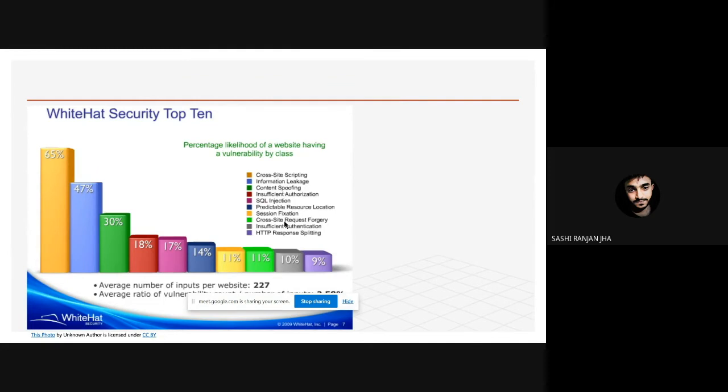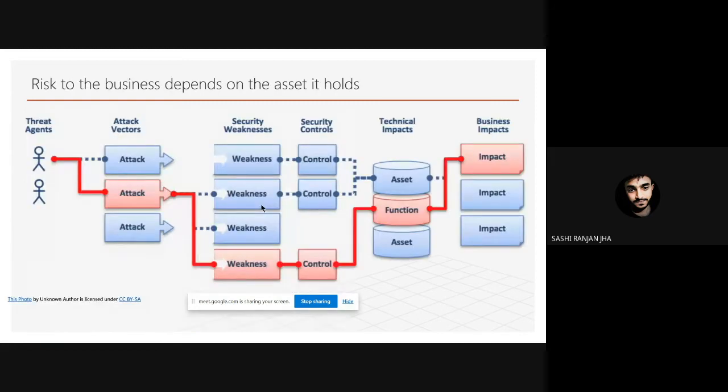There are some other attacks also, which we will cover when we go through the OWASP top 10. So, risk to business depends on the assets it holds.